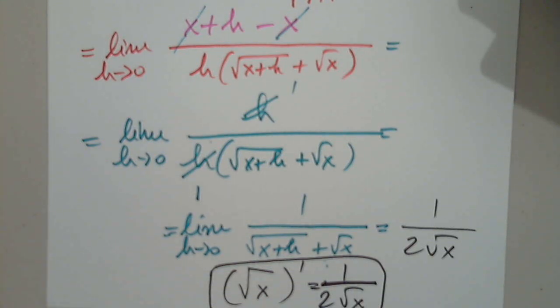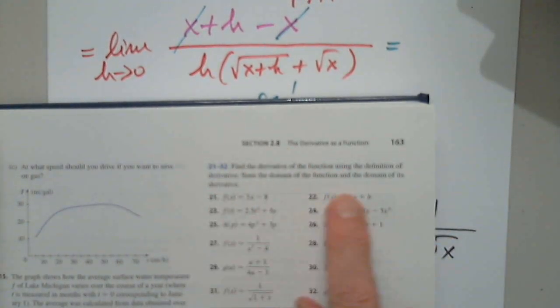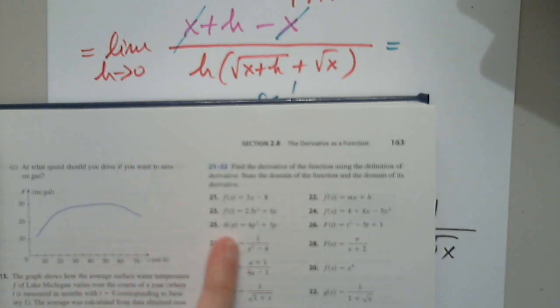Now, we can choose any other function to practice this. Here they are, or Amanda will tell us. So here they are, from 21 through 32. So you can choose any function. If you want to share, you have permission to share. Or we look anywhere between 21 and 32.